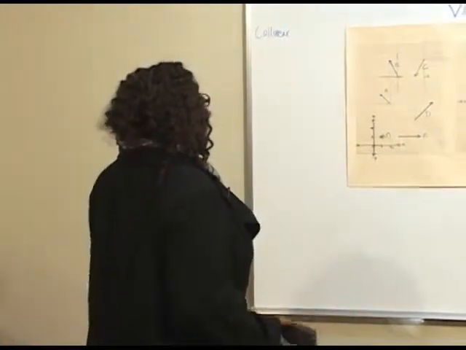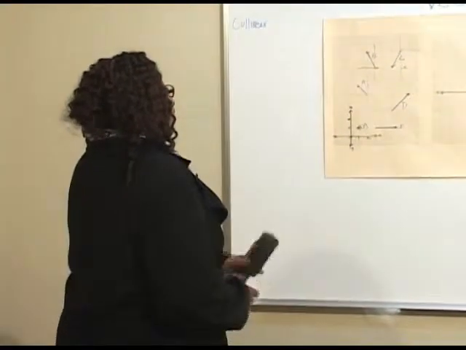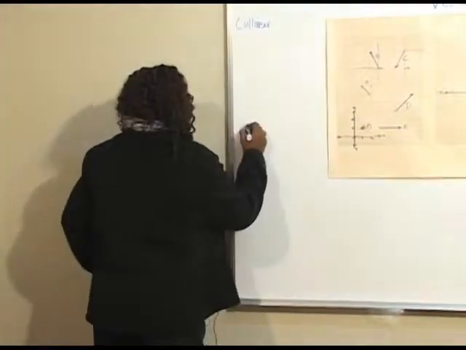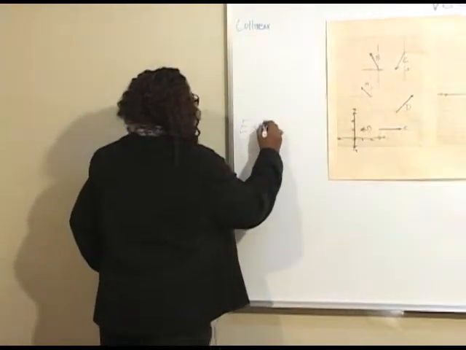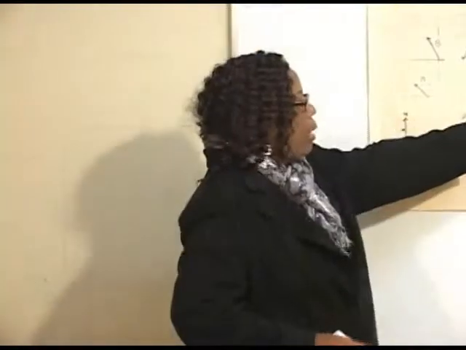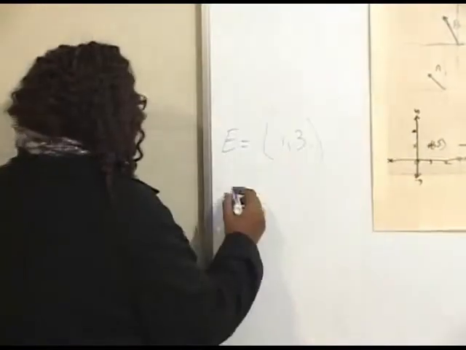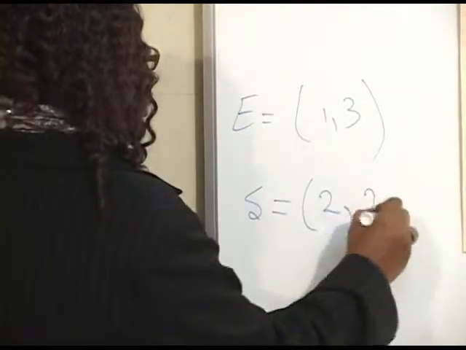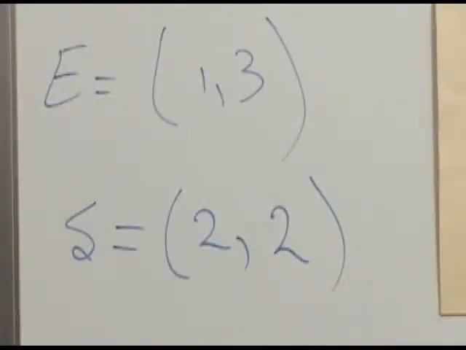Here we are. Suppose we were given the coordinates E equal to (1, 3), and I've drawn it out on the diagram here, and S equal to (2, 2). All right.